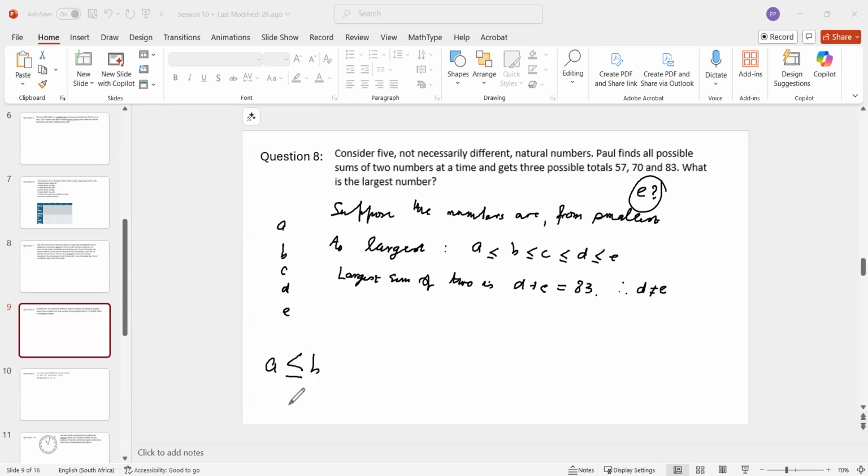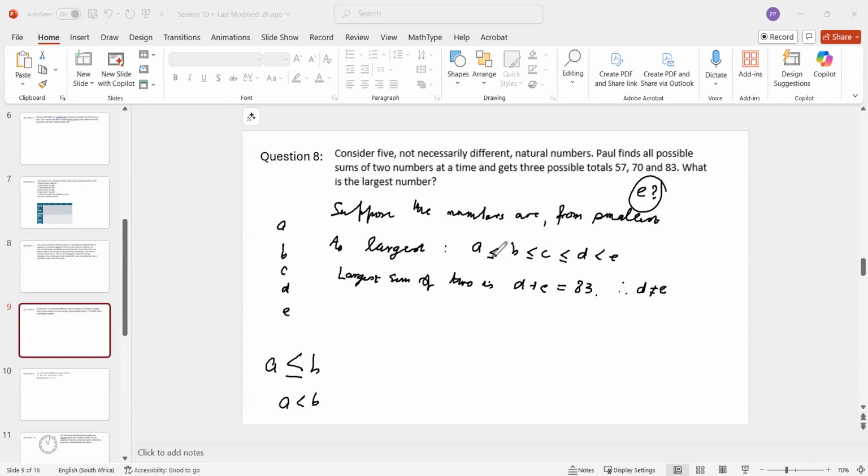But if you leave it like that, then A is less than B. There's no other possibility. See? So we just said now that D is not equal to E. So I can take that equal sign out and I have that D is less than E. All right, so that's fine.